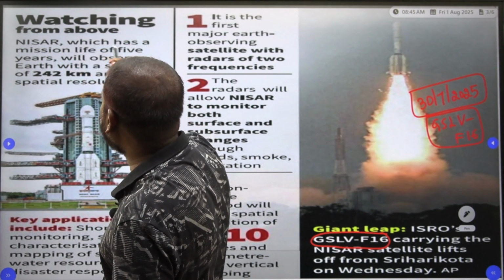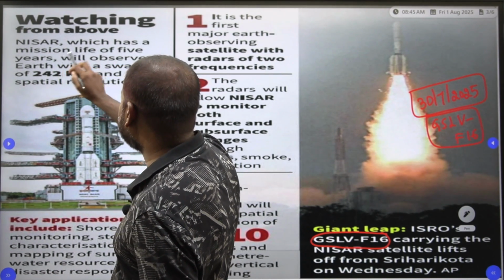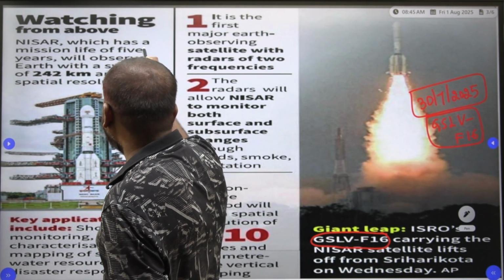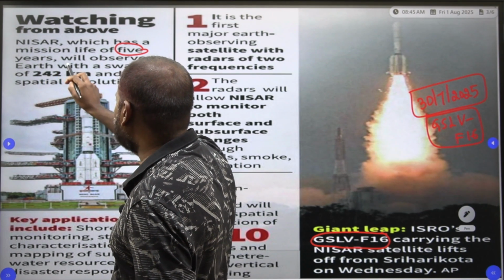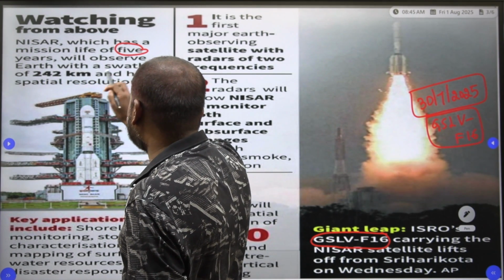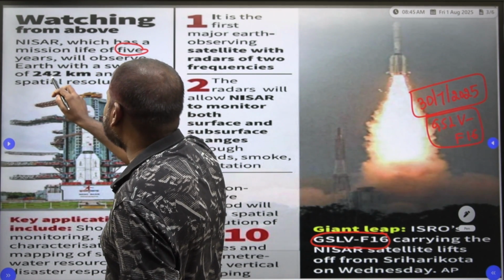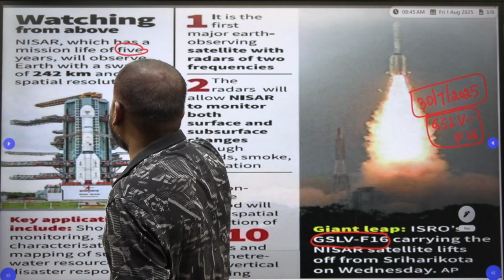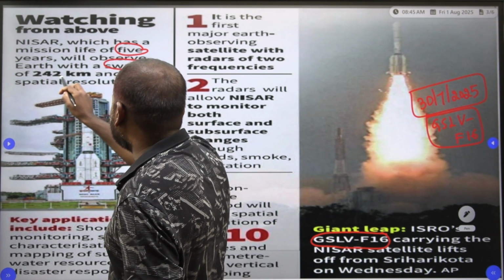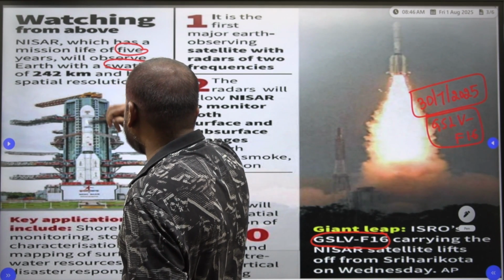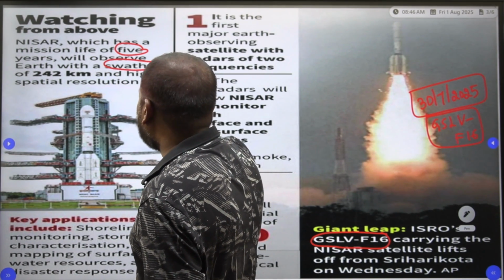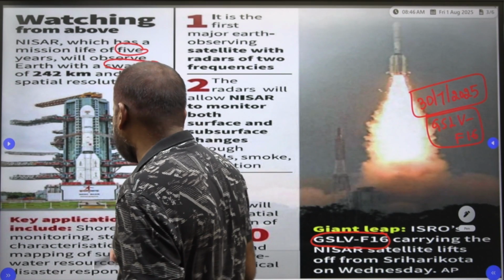Watching from above, NISAR has a mission life of 5 years. So, what is the life period? 5 years. It will observe Earth with a swath of 242 kilometers, and high spatial resolution is there.